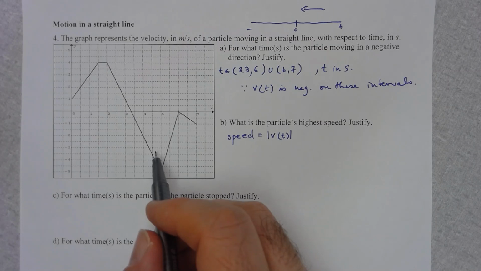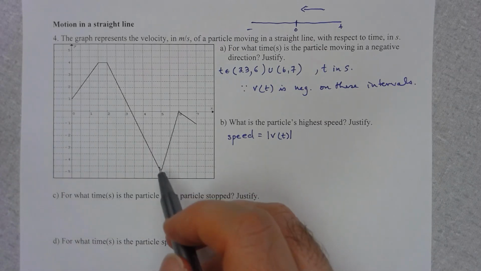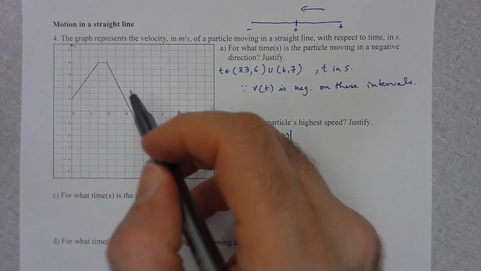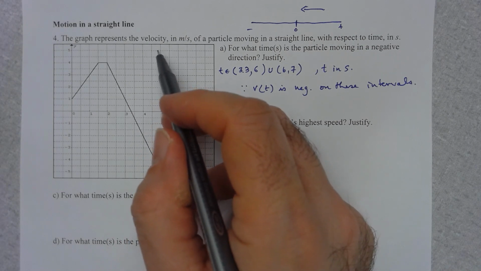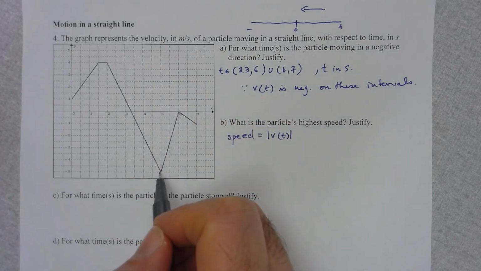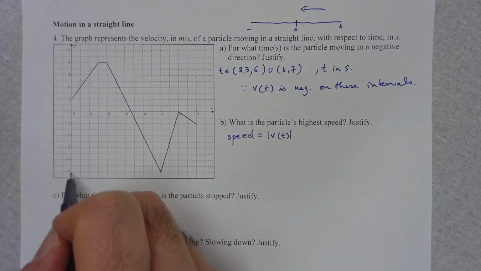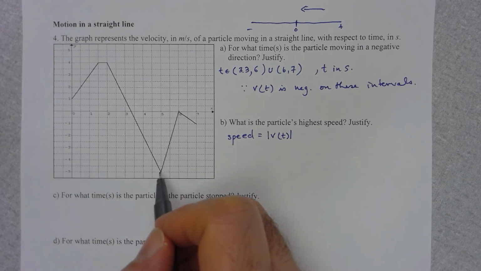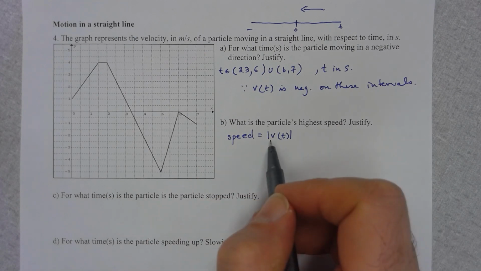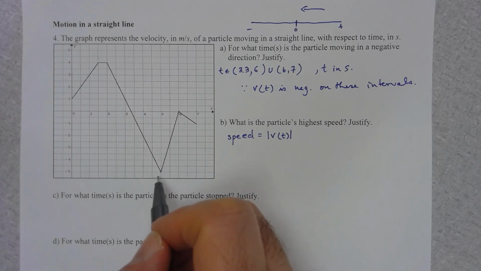I don't actually have to draw it, but imagine taking the absolute value of this function. All these negative values would suddenly become positive, and so I see that the highest absolute value occurs at 5, where the function takes on a value of negative 5. Its absolute value is 5.